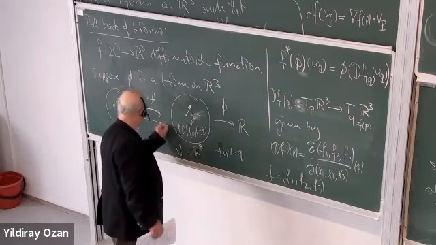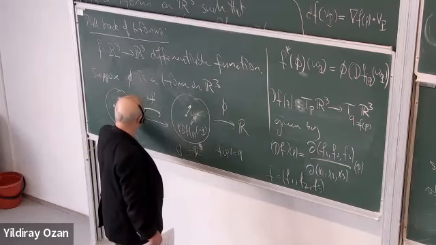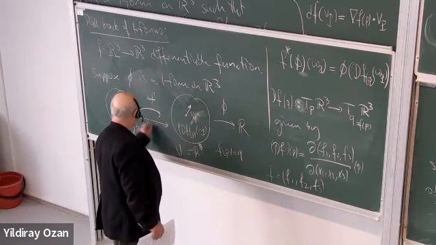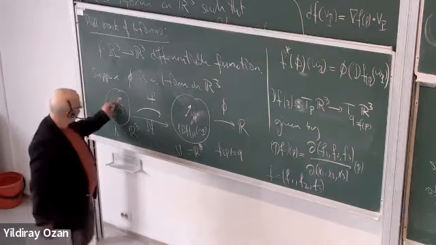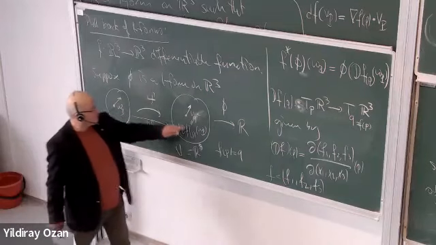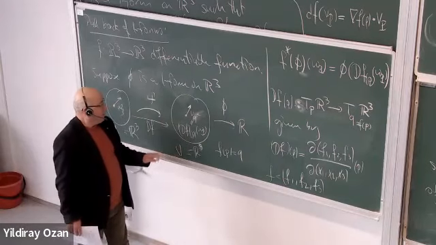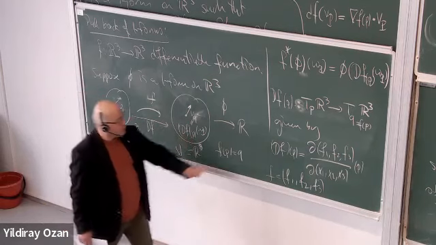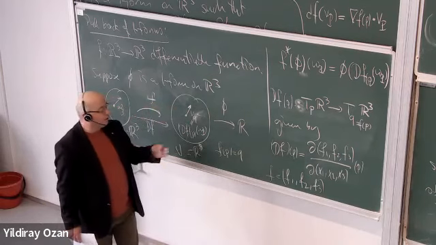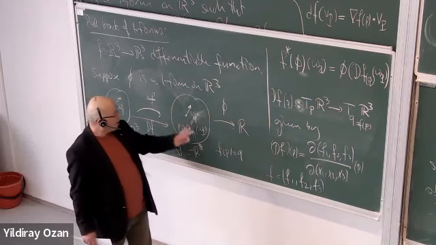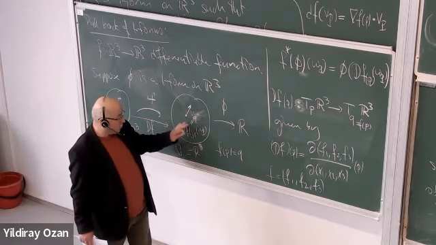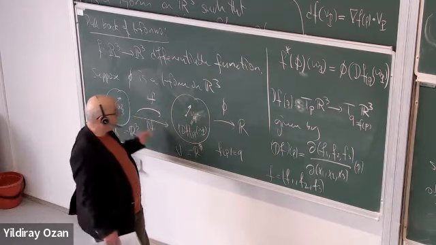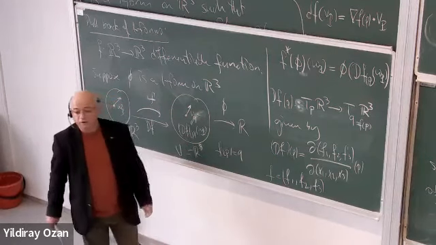So here f goes from this open set to this open set, and differential of f goes from this tangent space to this tangent space. And it sends tangent vectors like this using its derivative. And then I take the image of that vector and feed it to my one form.